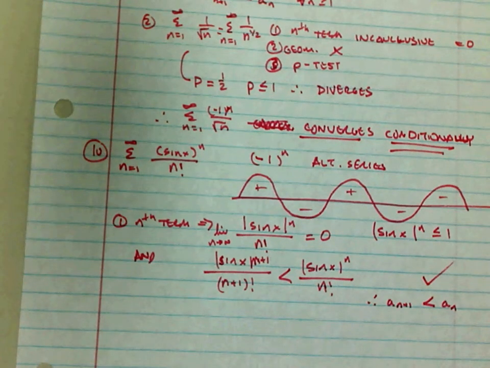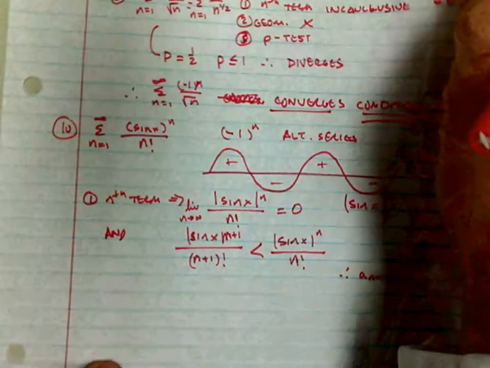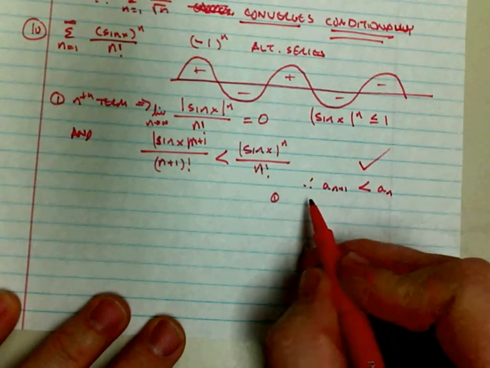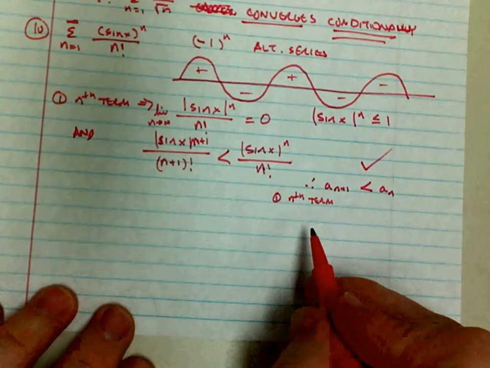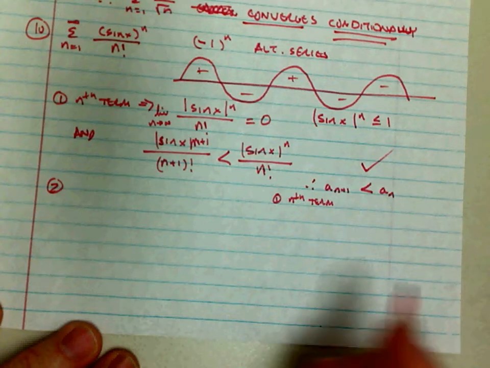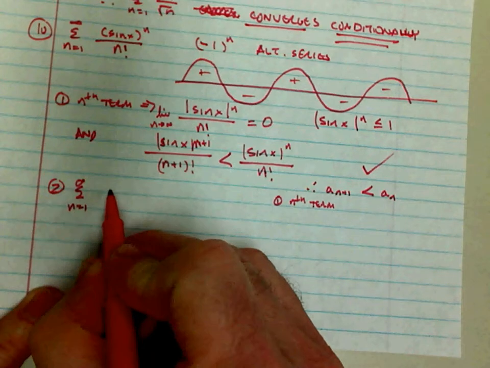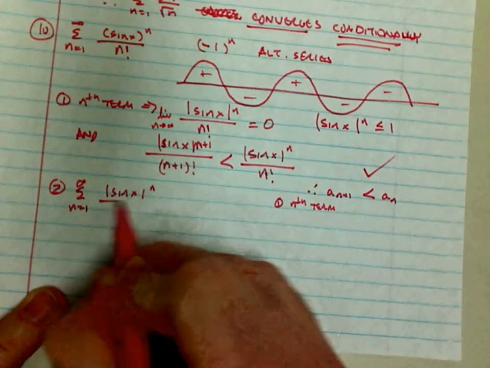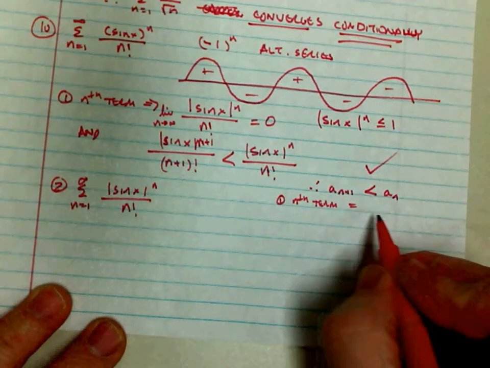So let's take a look at this again. I'm just going through a process of determining which test to use. Hopefully what you've seen each time is that our nth term test is not going to be capable of deciding this absolute or conditional, because when we consider only the positive side of this, the absolute value of the sine of x to the n over n factorial, this is, as we've shown up above, already equal to 0, or we wouldn't have gotten to this.